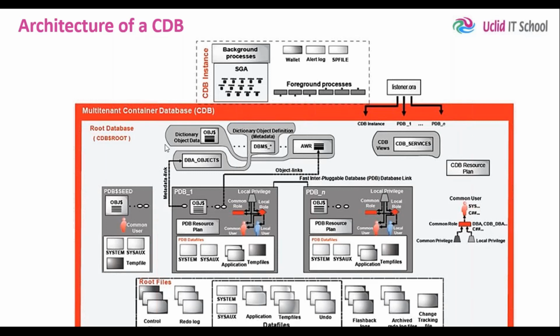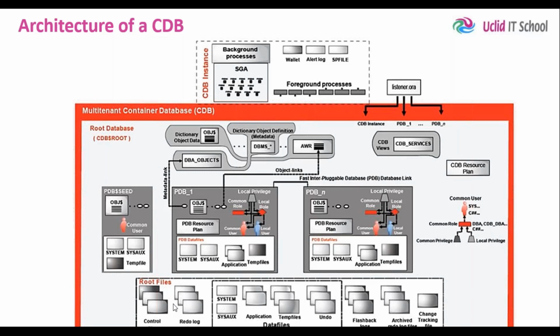Root you understood. Root is an Oracle database that stores the common objects and common metadata that is shared with all the PDBs in the container database. So root will have its own files to store the common objects, metadata and all that, right?